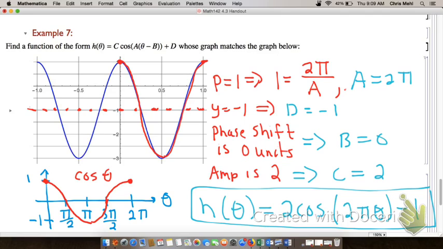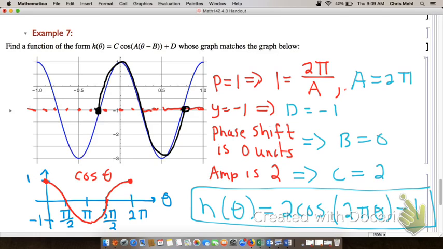So I won't go through it. The only thing that would change there would be the phase shift, so you'd still have the same amplitude, midline, and period, so the same capital A. Just to illustrate, I could have seen a cycle starting at the middle value on the midline that has the same shape as the graph of sine.